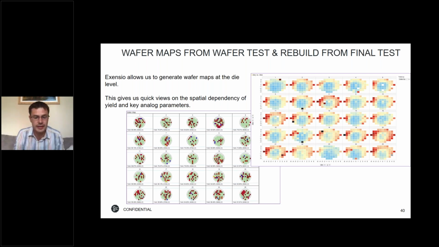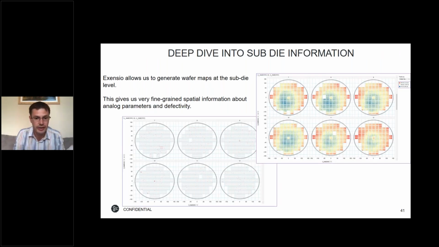So if we go on to the next slide, it's a little bit more interesting. Now here we get down into what John was describing as the sub-die level. So we go from having a wafer of several dozen die to a wafer of over 23,000 die, effectively, in terms of the amount of data we're getting.